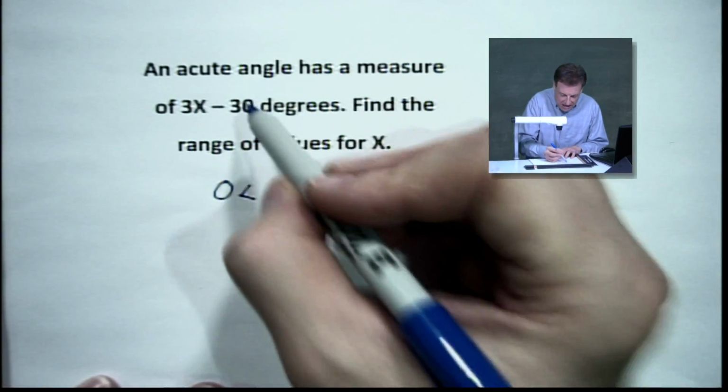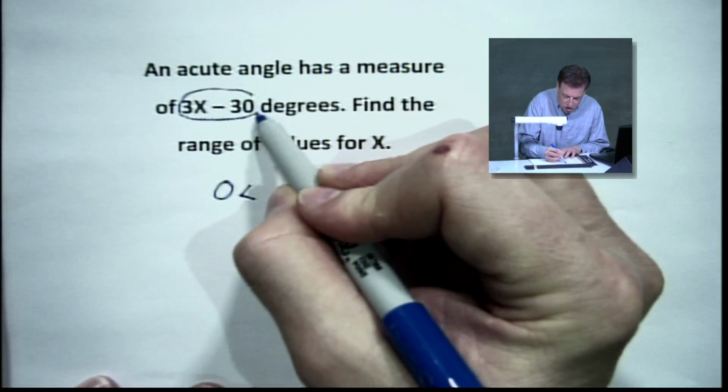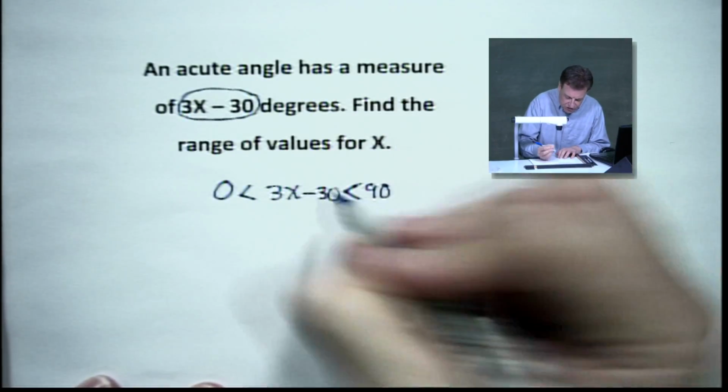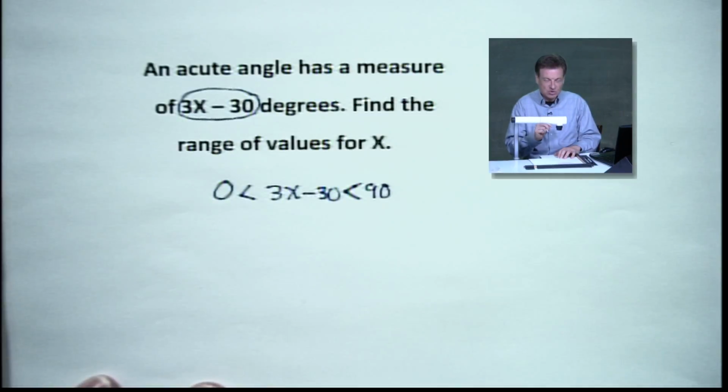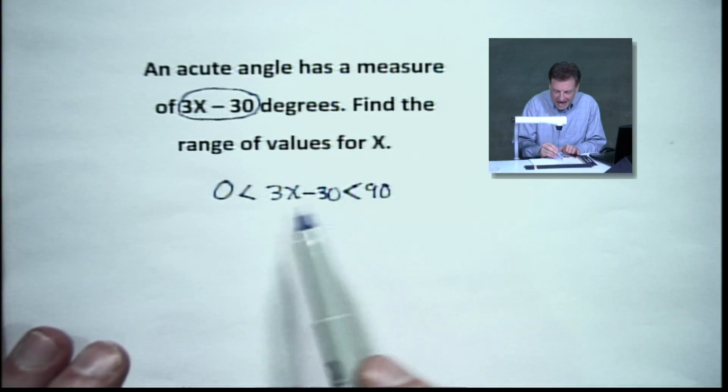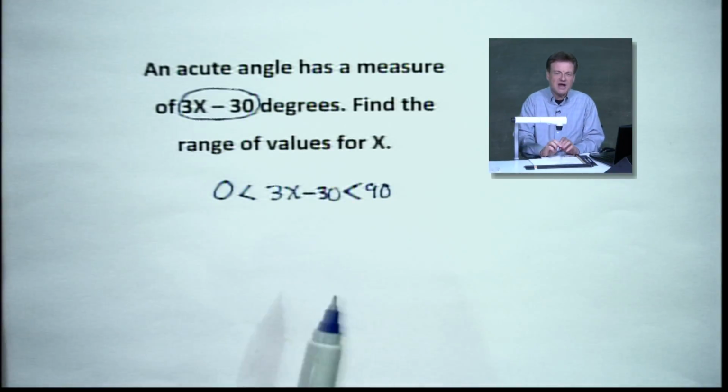We're saying this expression, 3x minus 30, is what we're going to solve for. We want the result to be somewhere between 0 and 90. So you go like, whoa, that means I've got to worry about two ends.